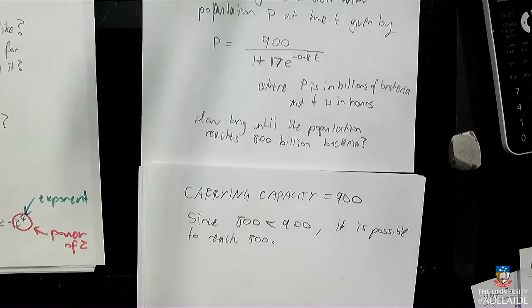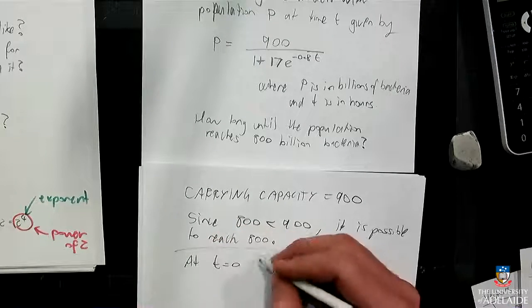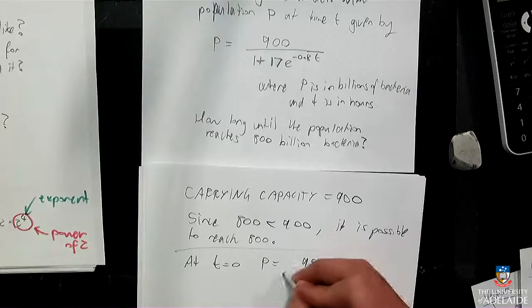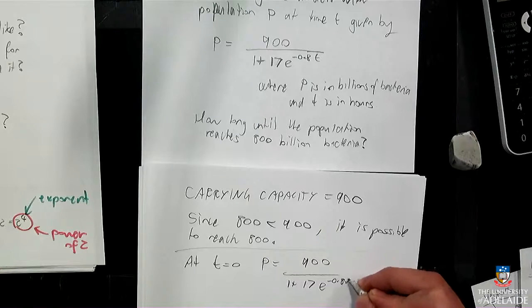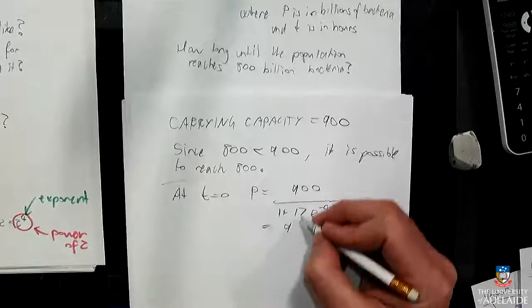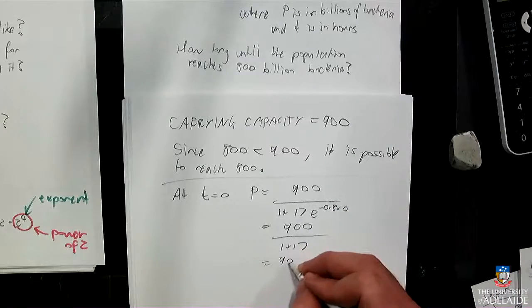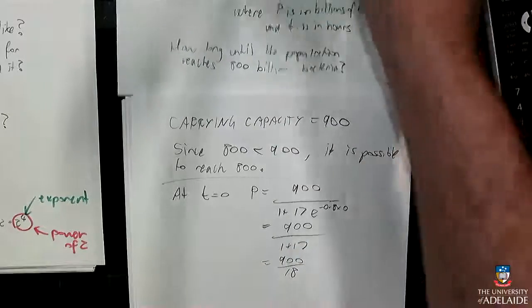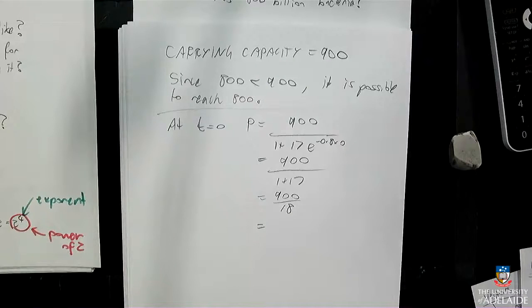Okay, good. It's a good start. I guess technically I should figure out what it is at 0, because if 800 is less than what it started with, then it won't be reaching that either. So we should just check that. At t equals 0, P equals 900 over 1 plus 17 e to the minus 0.8 times 0, which is 900 over 1 plus 17. Now e to the 0 is 1, which is 900 over 18. That'd be 50, wouldn't it?